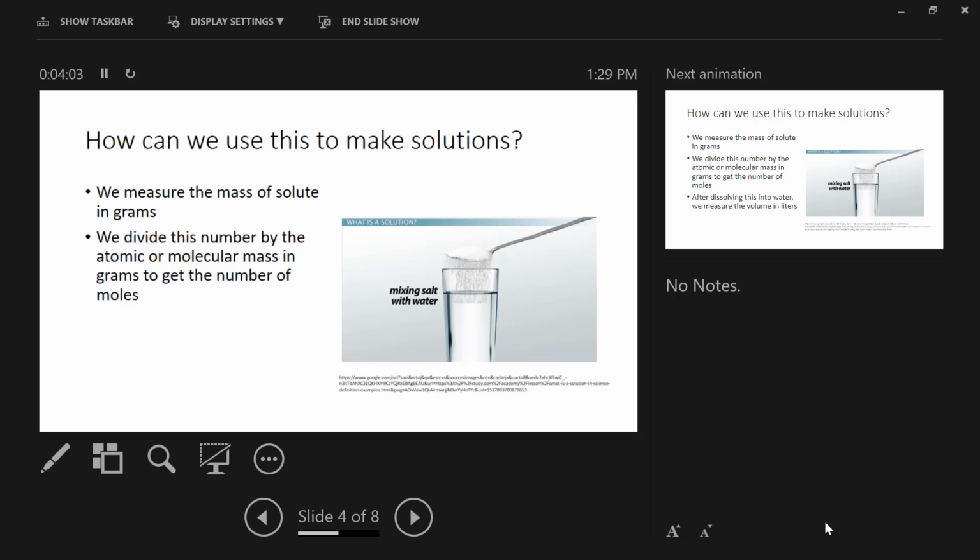So we measured it, we got grams. We divided that measurement by the atomic or the molecular mass. In the case of salt, it's going to be the molecular mass.